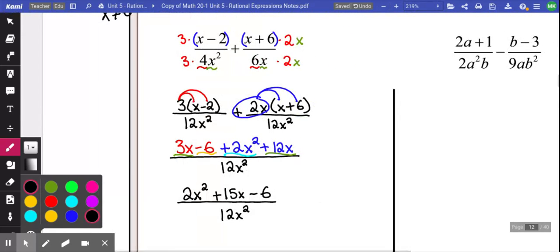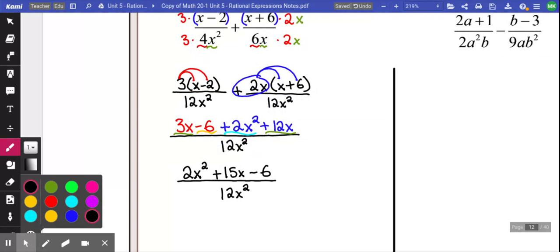And I've successfully taken that question and rewritten it as one fraction by getting a like denominator and then adding the tops. I know I'm done the question when I can't factor and I can't cancel anything out.